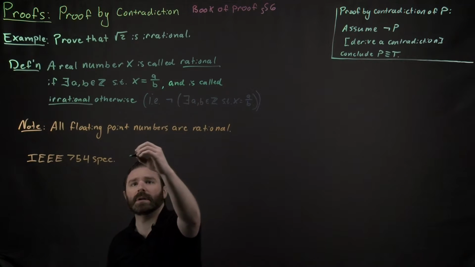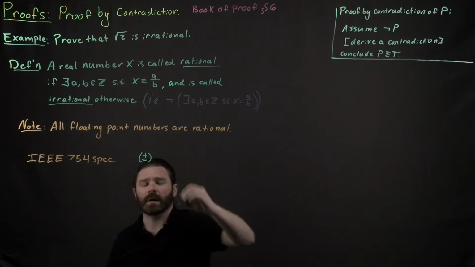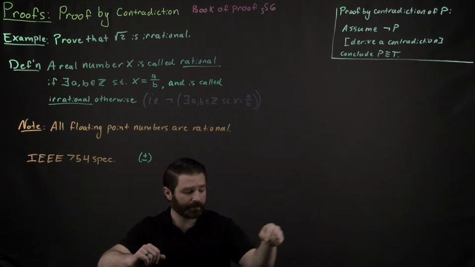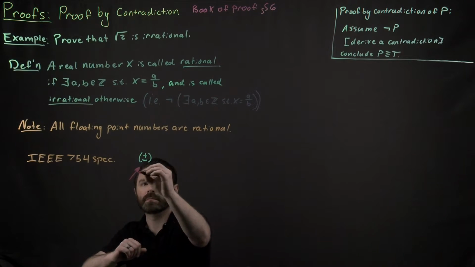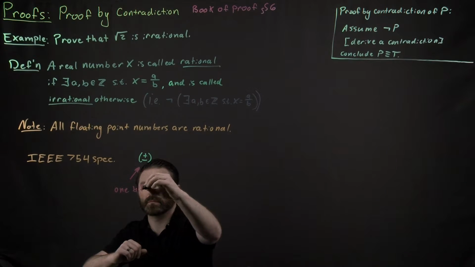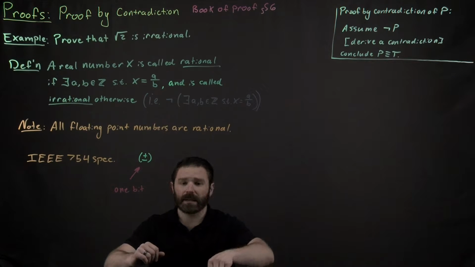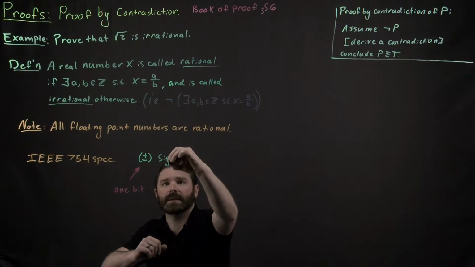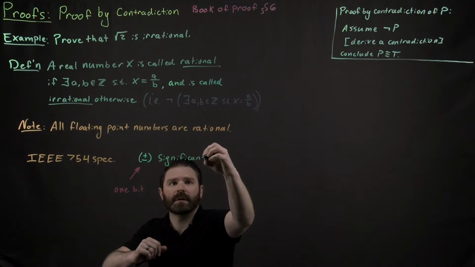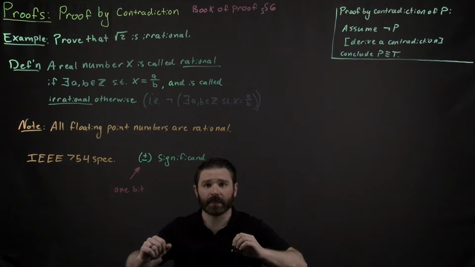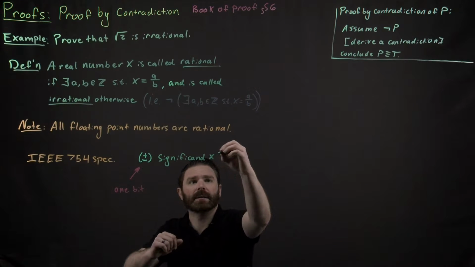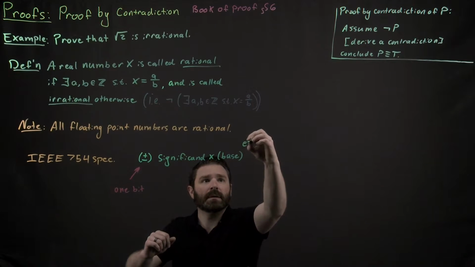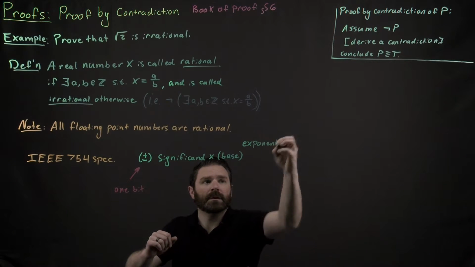You have a plus or a minus, and for that you get to devote 1 bit. And then you multiply that by what's referred to as the significand, and then you multiply that by some base to an exponent.